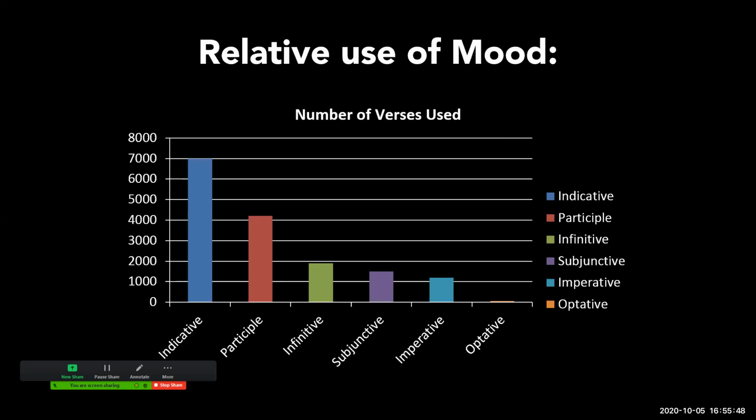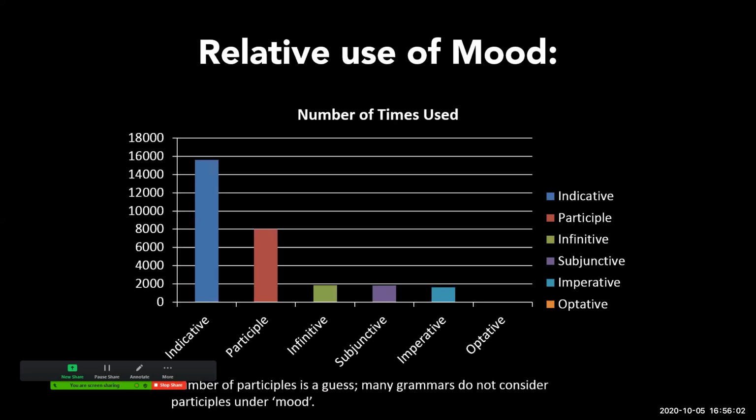But we'll worry about that later on. Right now, we notice that on our graph, the infinitive is used nearly 2,000 times, or in 2,000 verses in the New Testament. And if we look at this graph, again, we see it's used about 2,000 times, the number of times used, as opposed to the number of verses in which it is used.